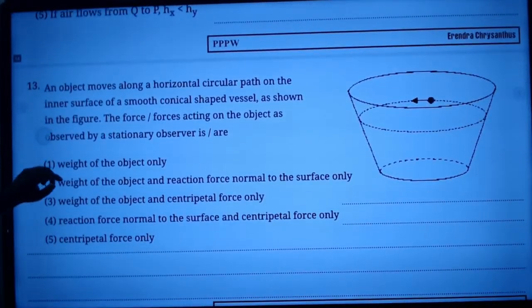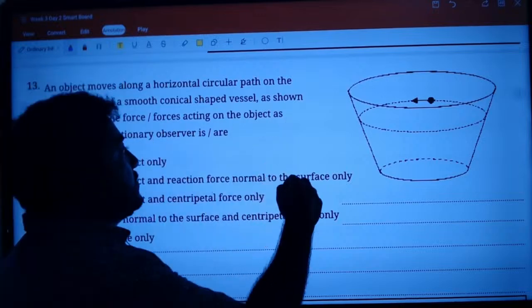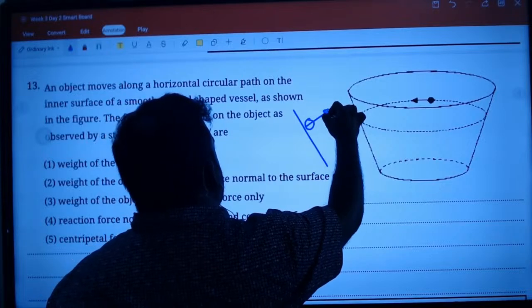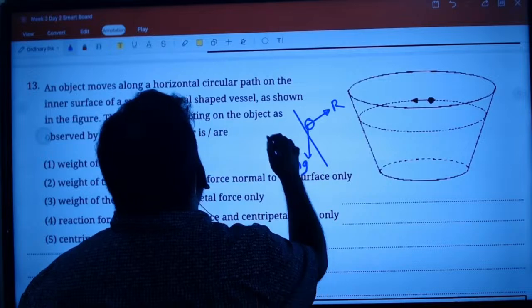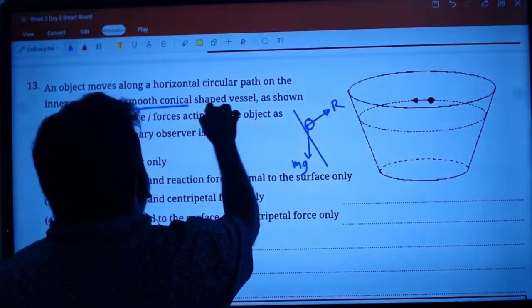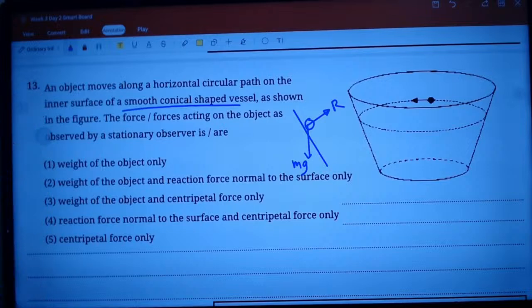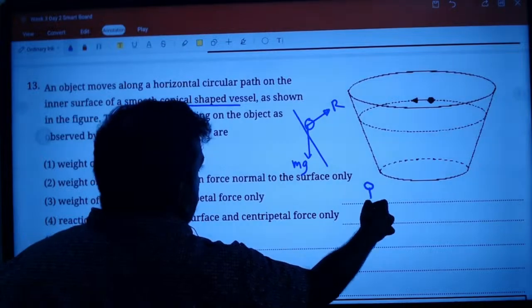Right. Question number 13. Object moves in a circular path. So this is a cone. Normal reaction is there. Weight is there. That's about it. They are telling you smooth conical shape, no friction also. So what are the forces as observed by a stationary observer? Somebody outside is looking at this.